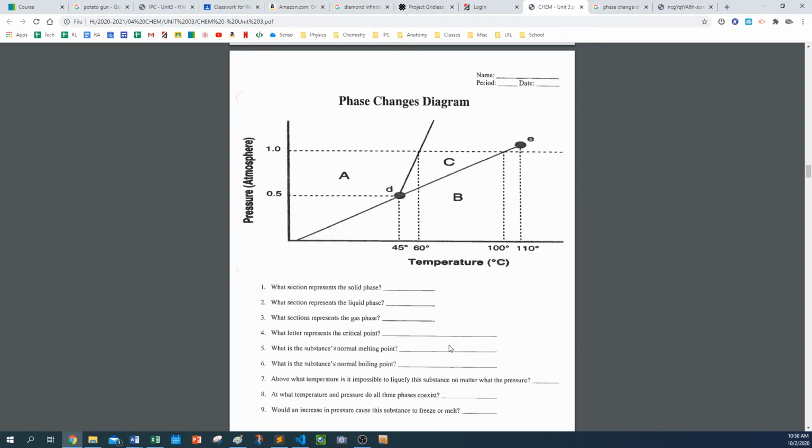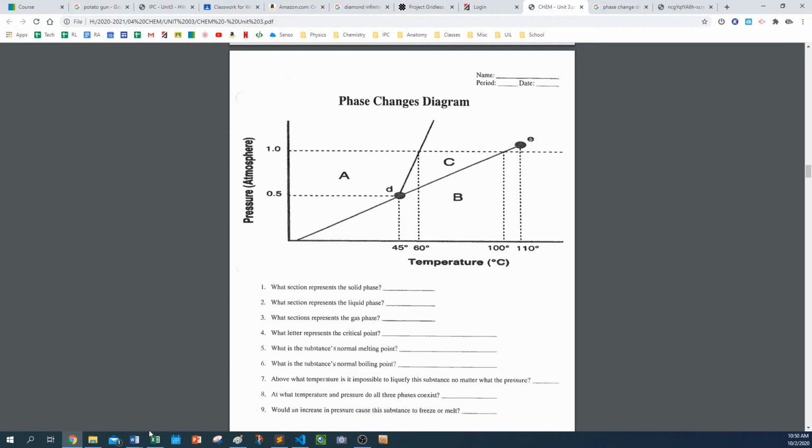So, what can I say about this region up here? The supercritical fluid is where it's no longer a gas or a liquid. So at 110 degrees Celsius, it can no longer exist as a liquid. So the critical point is a point at which liquid no longer exists. We can still have a gas.